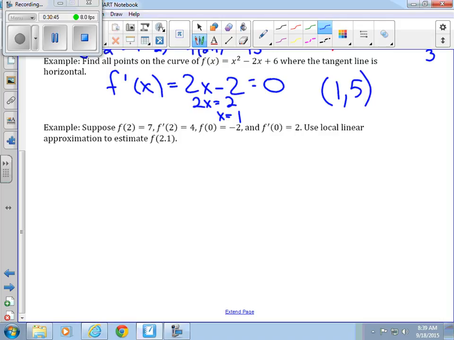Suppose, and this is an AP style question that an AP would ask, f of 2 is 7, f prime of 2 is 4, f of 0 is -2, and f prime of 0 is 2. Use a local linear approximation to estimate f of 2.1.